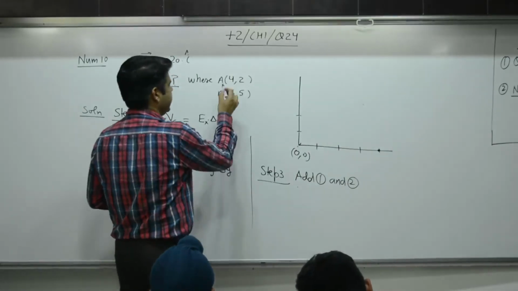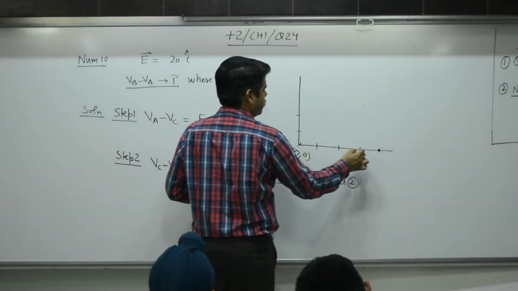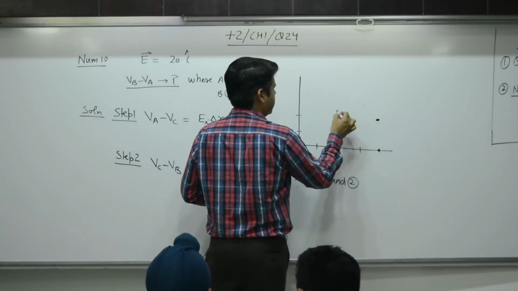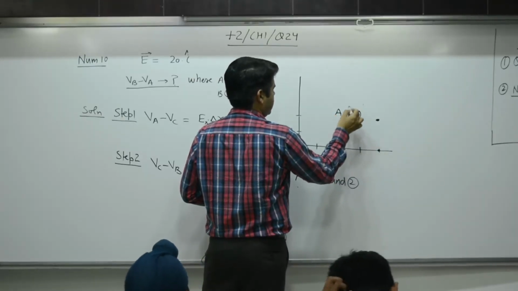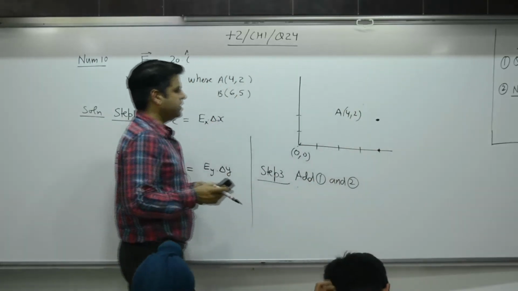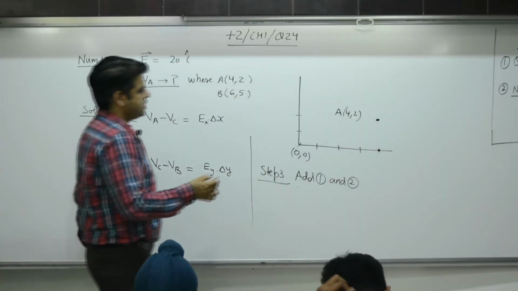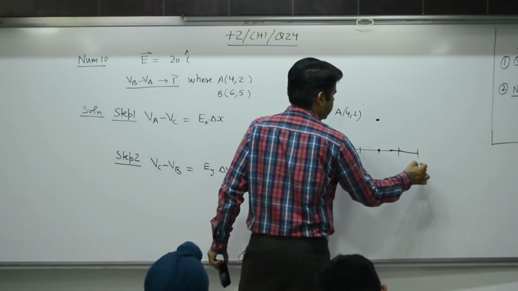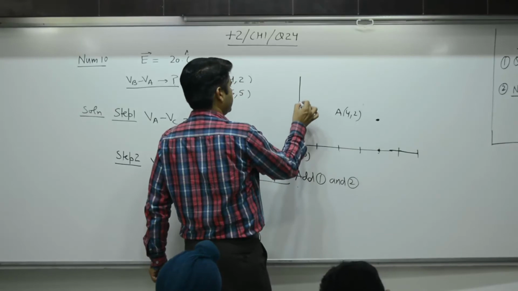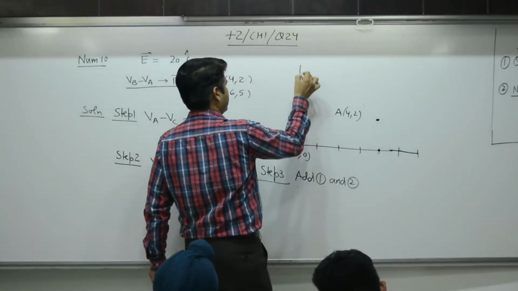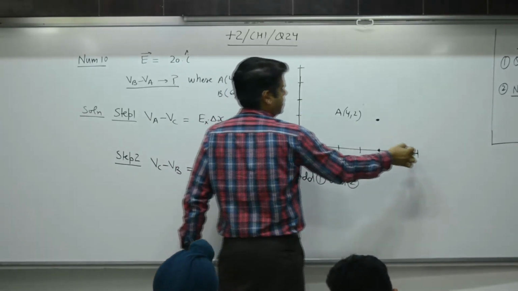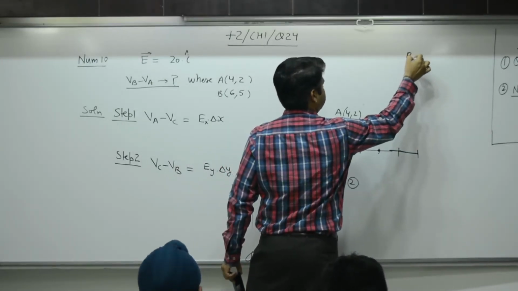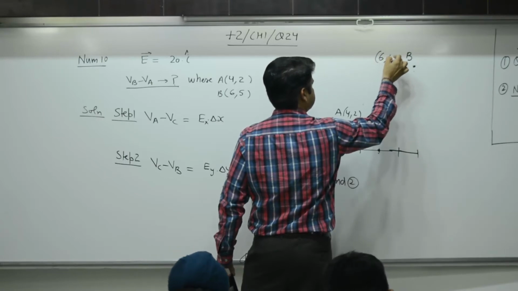Yes. A is 4, 1, 2, 3, 4, 2. A is this point, 4, 2. Where is B? 6 and 5. 1, 2, 3, 4, 5, 6. And 1, 2, 3, 4, 5. 6 and this is 5. So B is coordinates 6 and 5.